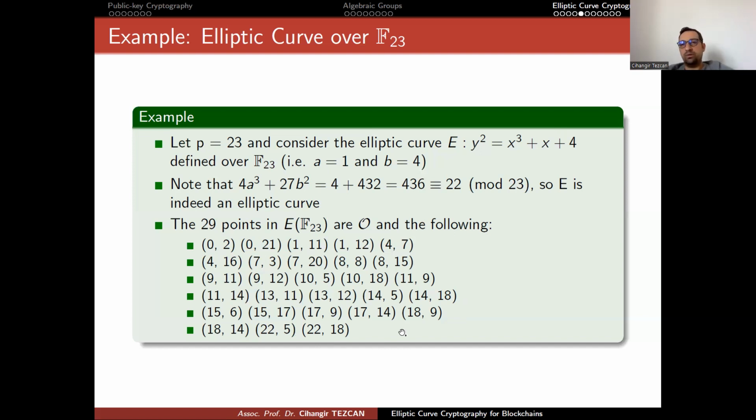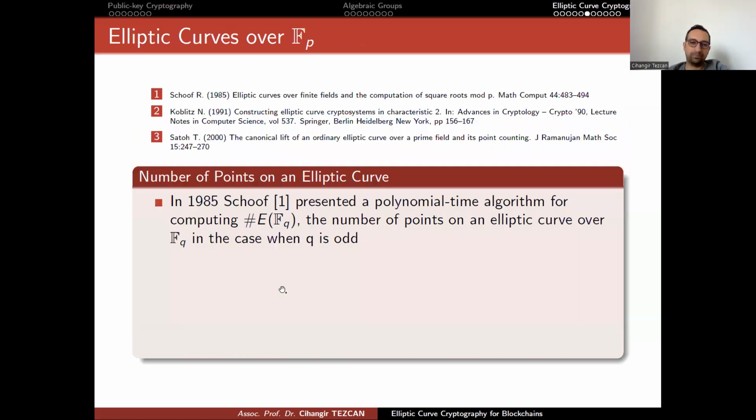Of course, I cannot use this for Bitcoin, because if you remove the identity, 28 points means that you can at most have 28 different wallet addresses, which would be impractical. This is why we have to choose p as a very large prime, so that we have virtually infinitely many wallet addresses, so that people can instantly create new wallet addresses and so on.